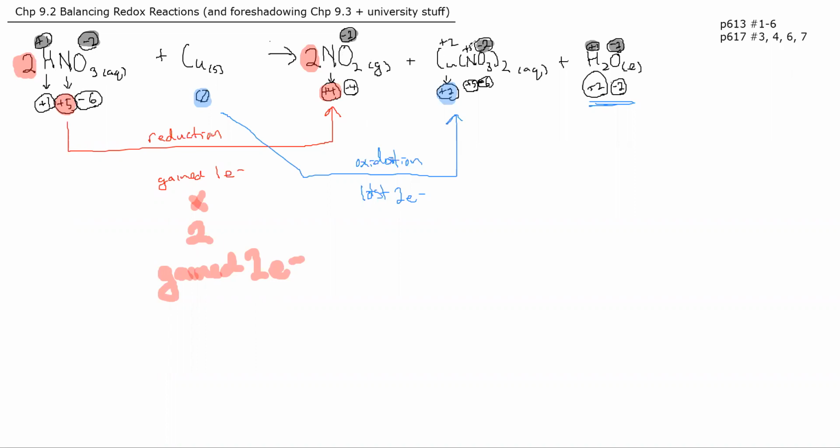But we still have two ions of nitrate here, which means I need more than two. I actually need, let's erase this, I don't need two, I need four. Two of them are going to just remain as nitrate, and two of them will become nitrogen dioxide.